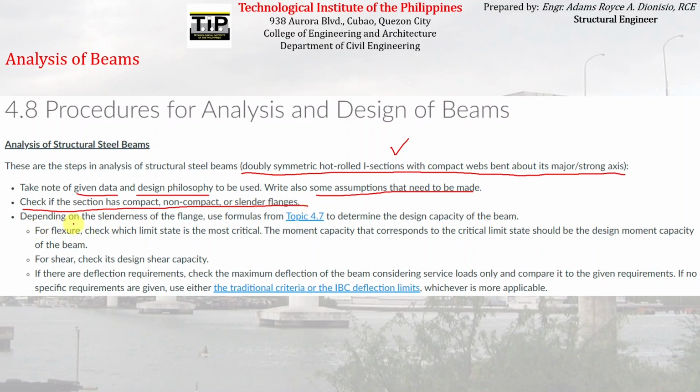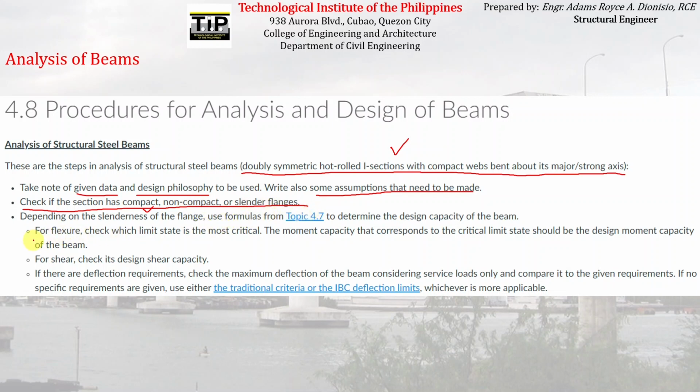And then after that, depending on the slenderness of the flange, you can use formulas from topic 4.7 to determine the design capacity of the beams. The formulas that we mentioned in topic 4.7 are actually used for compact sections. So for those cases wherein the section is not compact, or is slender, you have to use other provisions of the code.